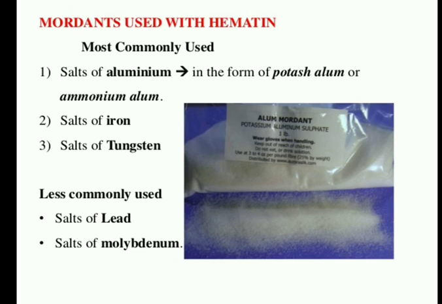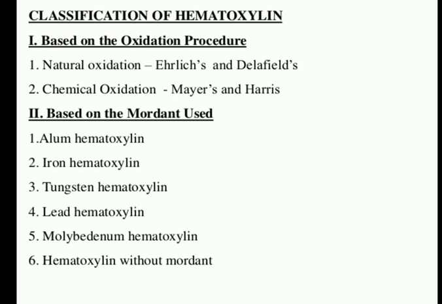Some of the mordants that are commonly used are salts of aluminium in the form of potash alum or ammonium alum, salts of iron, and salts of tungsten. Less commonly used mordants are salts of lead and salts of molybdenum. Now, classification of hematoxylin.